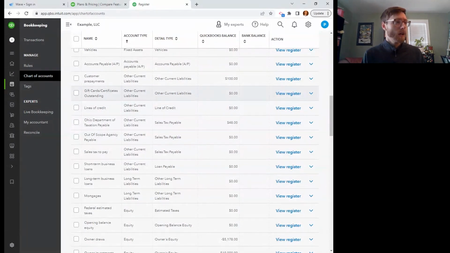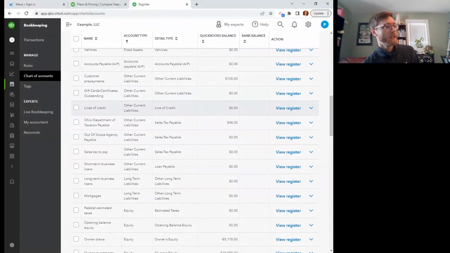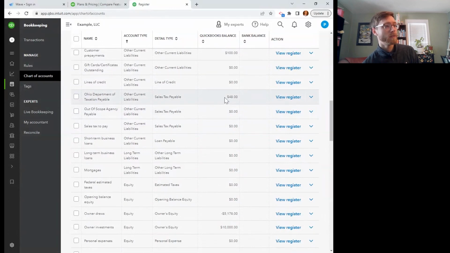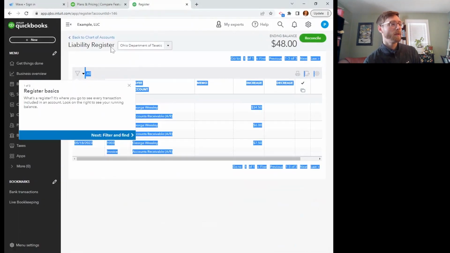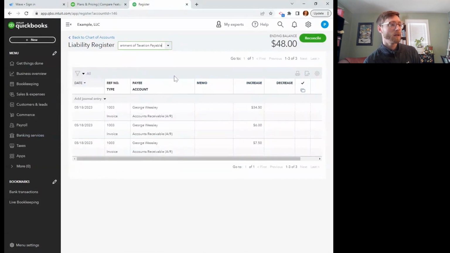Lines of credit, if you take money out for a line of credit and then you have like $3,000 to pay back, it could appear there. Taxes payable, if you have collected sales tax but you haven't remitted it yet, then it's going to appear here.